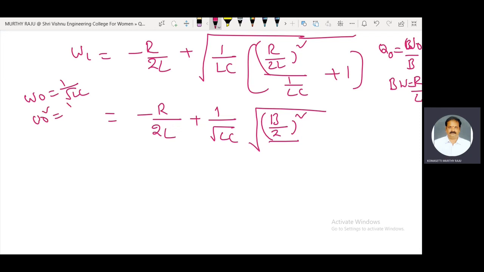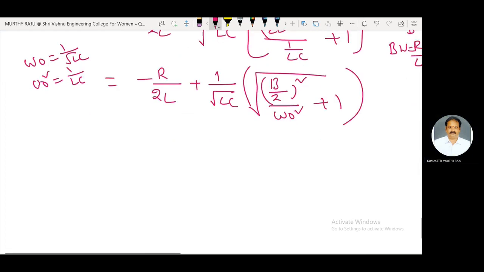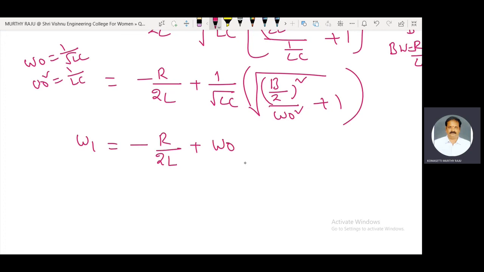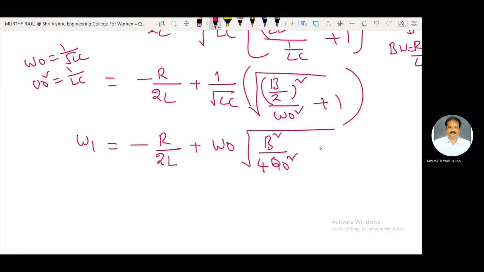Omega naught square is equal to 1 by LC. Here omega naught square times the term plus 1. Therefore, omega 1 is equal to minus R by 2L plus omega naught square root of B square by 4 Q naught square plus 1.